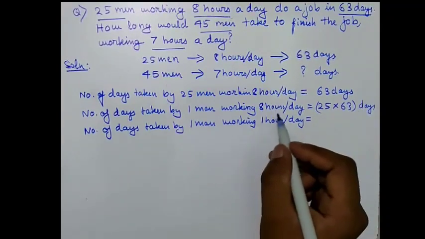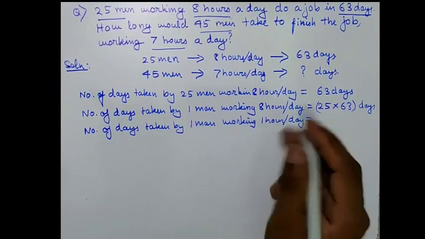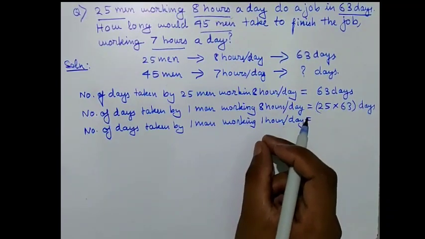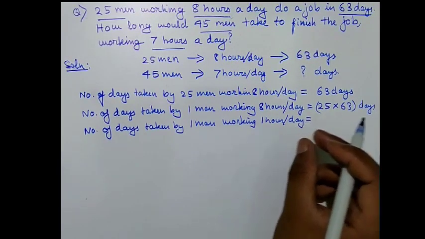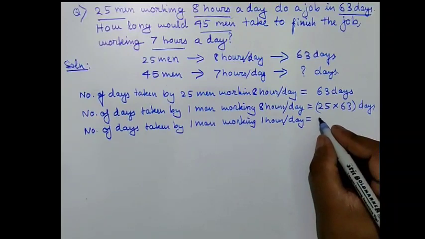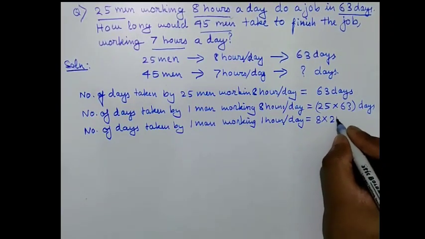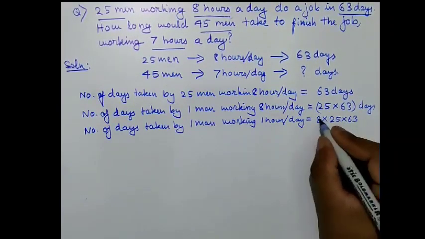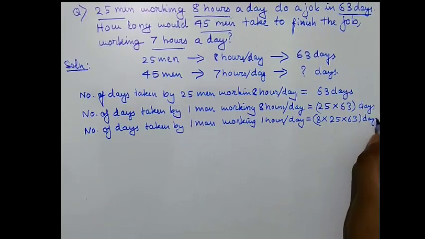Because if he was working 8 hours, then he was taking less time. Now if he only works 1 hour per day, then days will increase. So we'll multiply 8 times 25 times 63 days total, right?